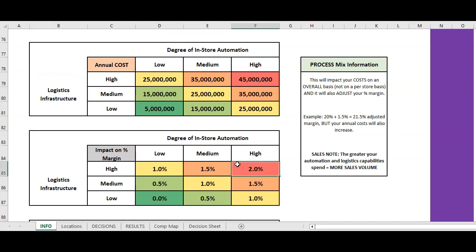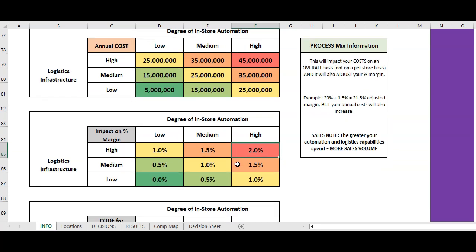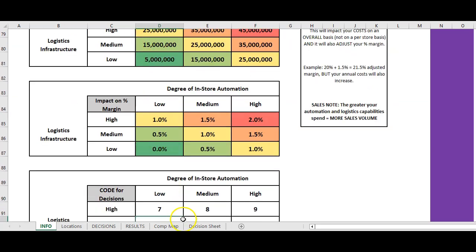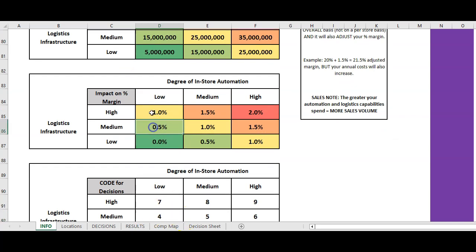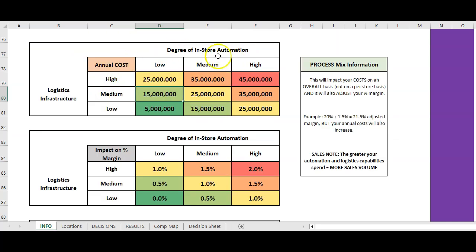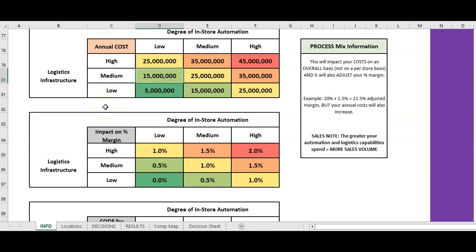So if we have good automation in store and good logistics, we're going to add to our profit margin and do better in terms of results. We only need to pick one of those. If we pick 4, then it relates to that and that. We can't mix and match because they're interrelated. It's the same decision. What's the level of automation? What's the level of logistics support?